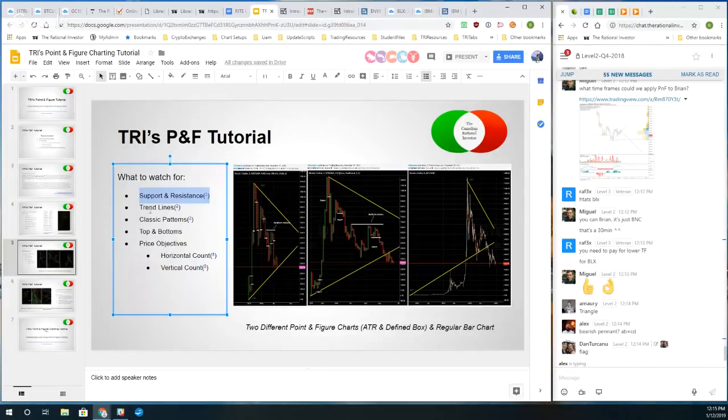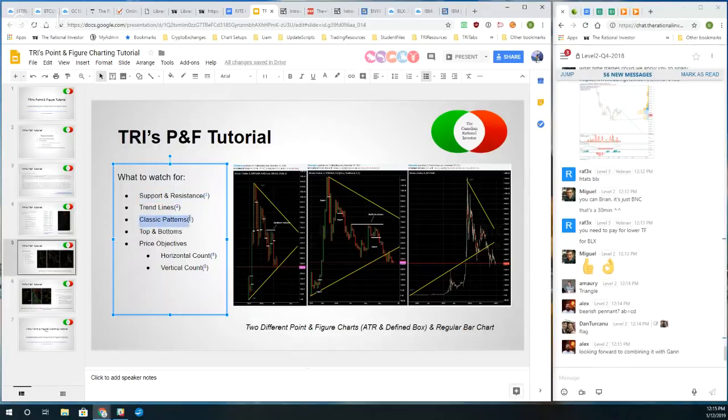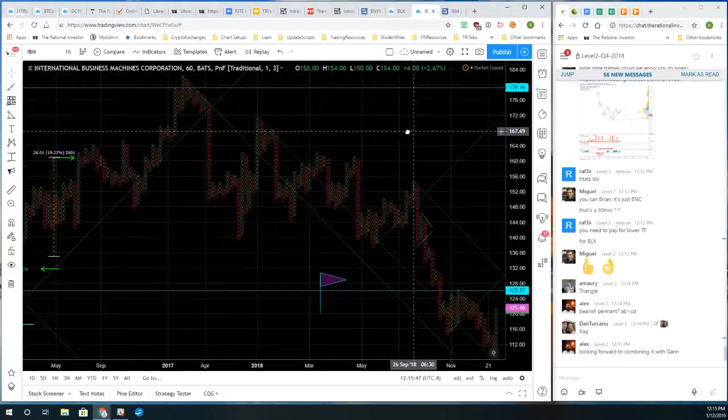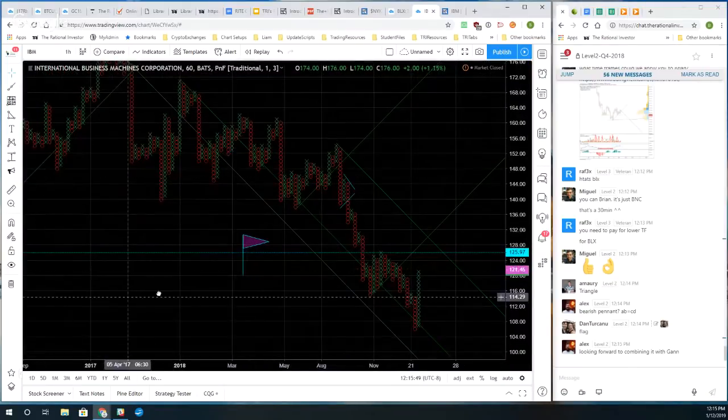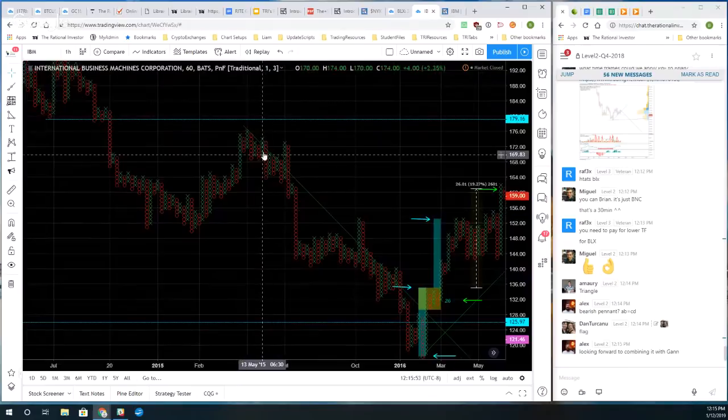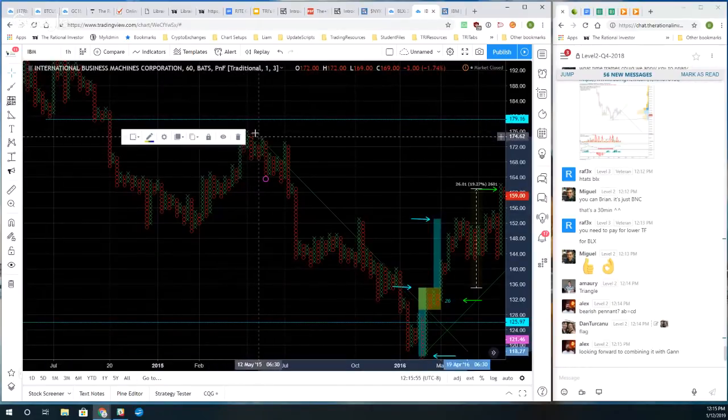So we talked a little bit about support and resistance. We talked a little bit about trend lines, classic patterns, M's and W's, right? Can you see the M's, right? Can you see the W's? Where's, oh, here, right? Can you see the M?